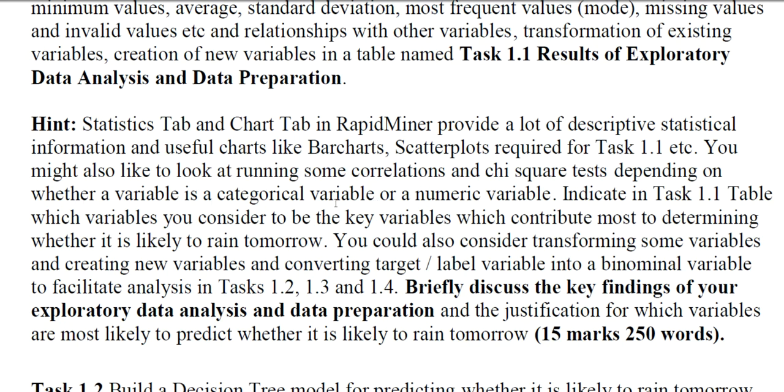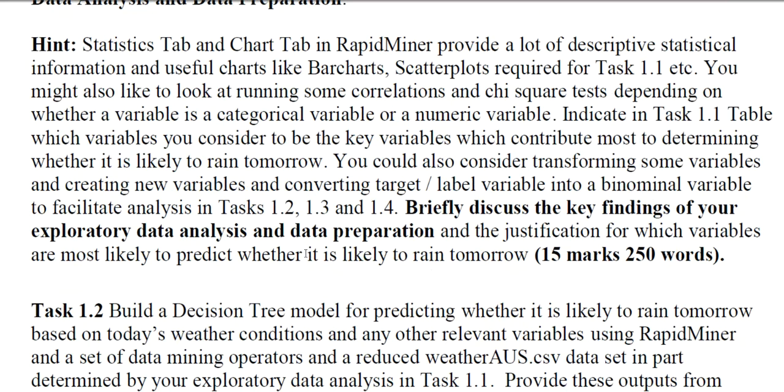Indicate in the task 1.1 table which variables you consider to be the key variables which contribute most to determining whether it is likely to rain tomorrow or not. You could also consider transforming variables and creating new variables, converting the target or label variable into a binomial variable to facilitate tasks 1.2, 1.3 and 1.4.